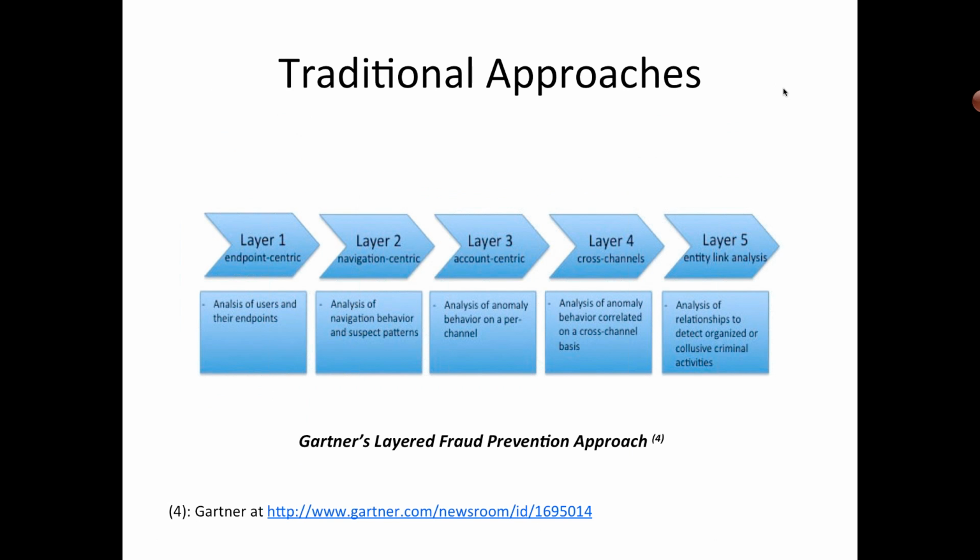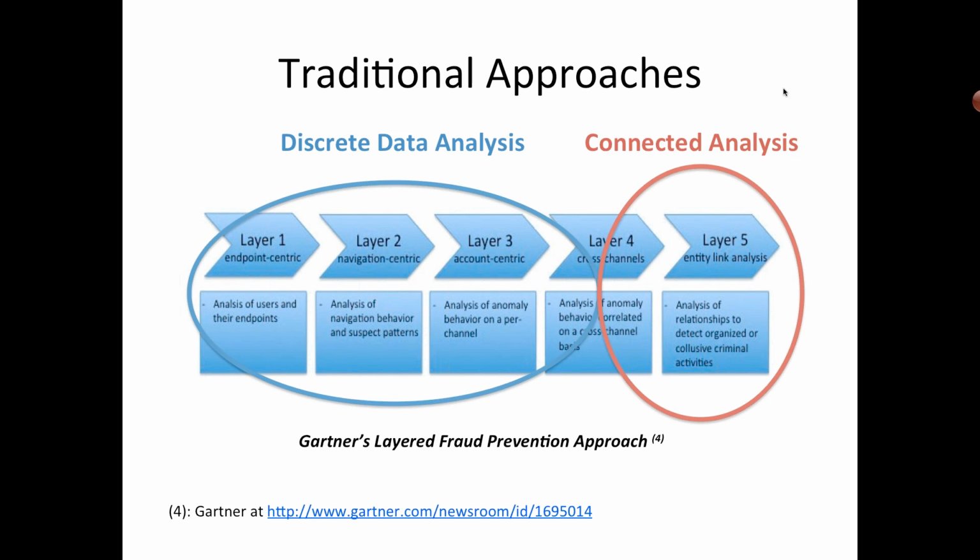So what are the approaches that have been considered best practice in the industry now? And I'm referring to Gartner's layered fraud prevention approach. It's a series of different layers, and there are essentially 2 big buckets in this. The first bucket is analysis on discrete data.